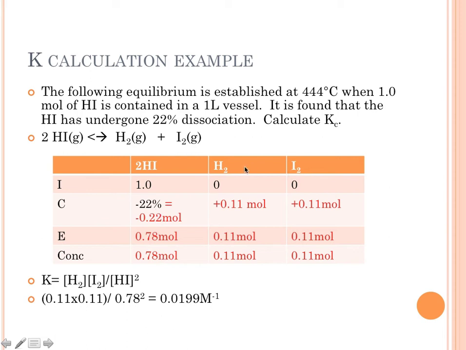Then I think about my H2 and my I2. Here I've got a 2 to 1 ratio. So each time I've got 2 moles of hydrogen iodide breaking up, I'm going to make 1 mole of hydrogen and 1 mole of iodine. Just as with any other stoichiometry, I'm going to use my ratios. But I'm going to use this number as how much is actually reacting, not this, because I know that not all of that reacted.